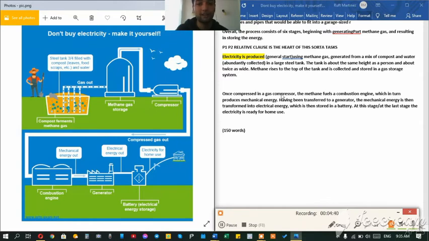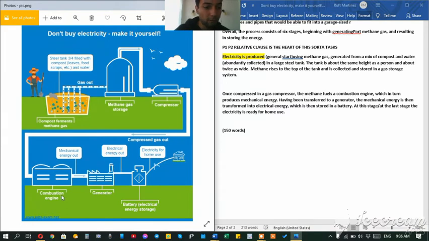Do the same. Once compressed in a gas compressor, the methane fuels the combustion engine, which means it comes into the engine and burns, and makes it start. Fuels the combustion engine, which, relative clause, in turn produces mechanical energy.